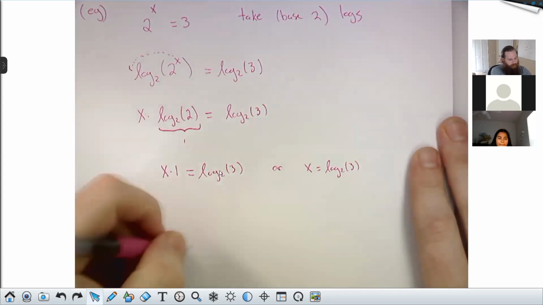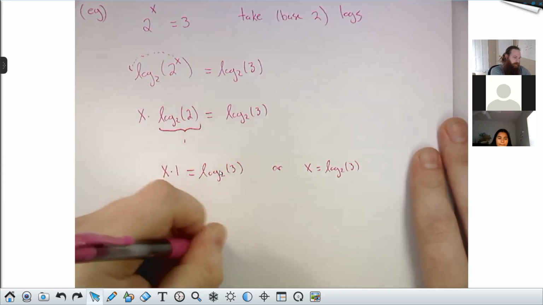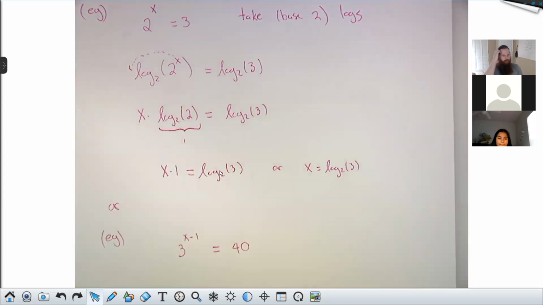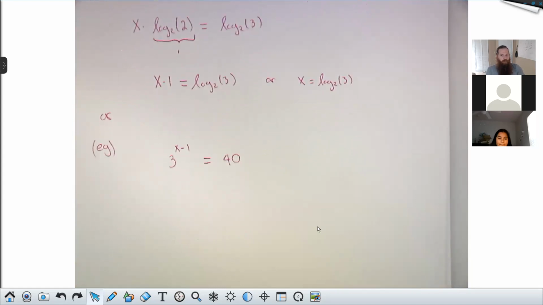So let's look at this expression. Maybe 3 to the x minus 1 is equal to 40. Again, I want to solve the equation for x. I'm going to use a logarithm.